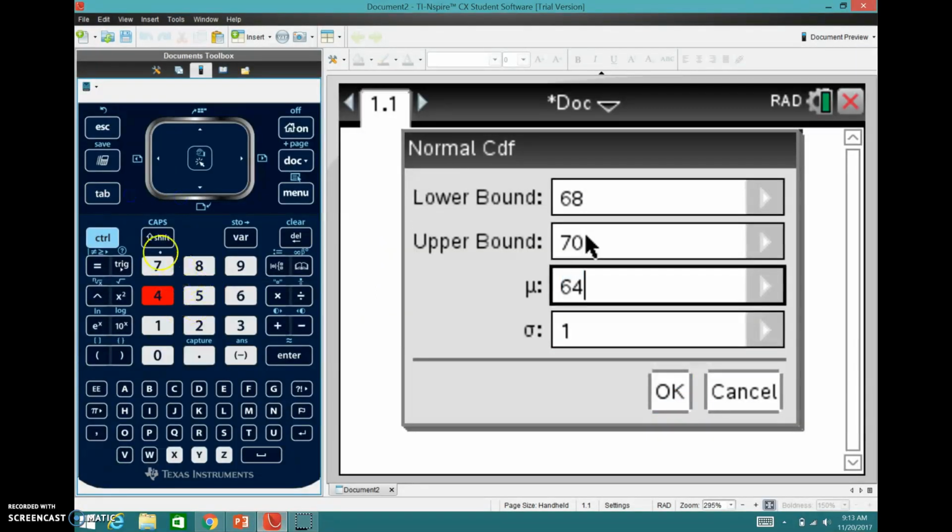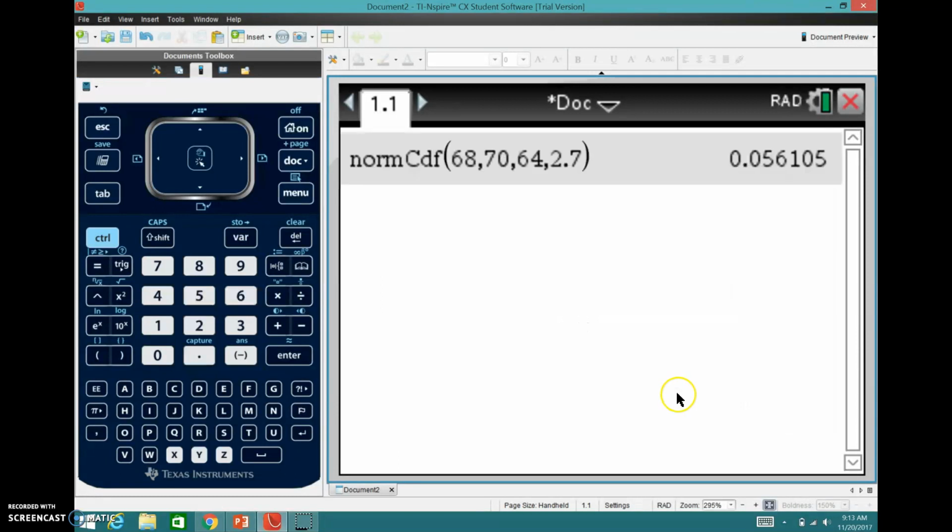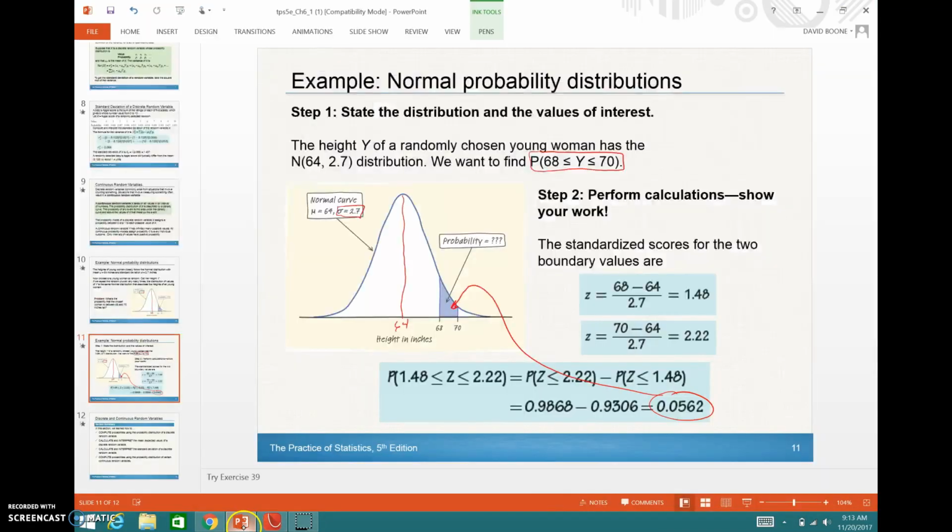So 64 and 2.7. And if we press OK, we can see that our value of 0.056105 compares very favorably to the answer that we got right here, just rounded differently to 4 places using the z-chart.